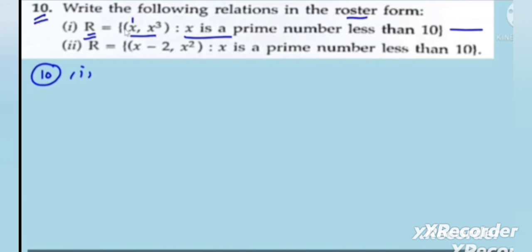We have to first choose the prime numbers in the first position, or the first element of the ordered pair should be prime numbers, but that prime number under the condition should be less than 10. That means we can take the prime numbers which are less than 10. Along with that, the second element should be the cube of the first element. That is how we have to choose the ordered pair here.